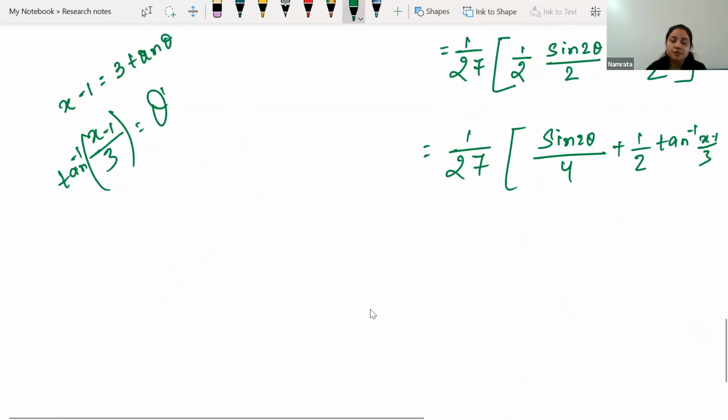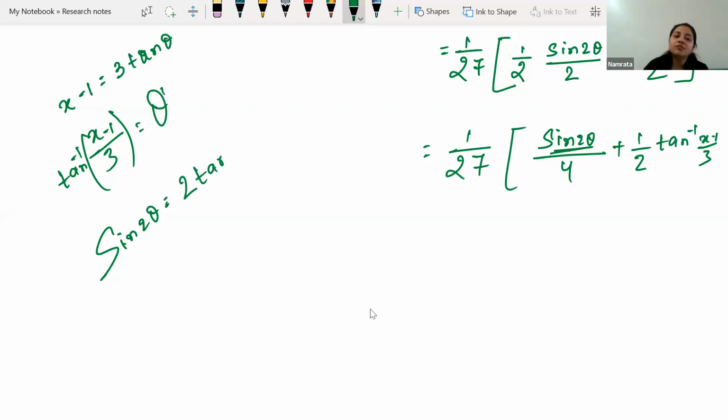So here sine 2 theta, do we have any formula for sine 2 theta in terms of tan? Yes or no? So 2 tan theta by 1 plus tan square theta.